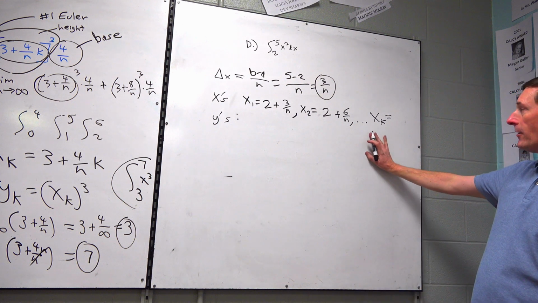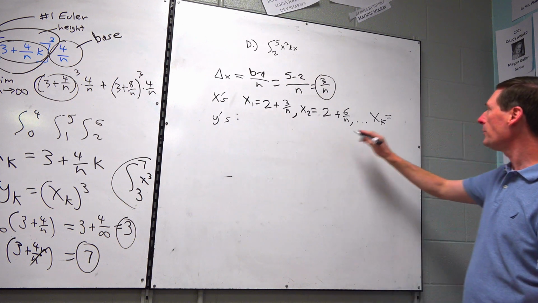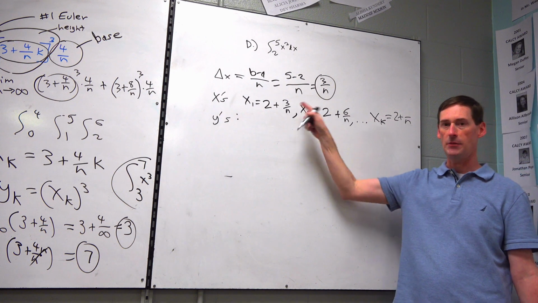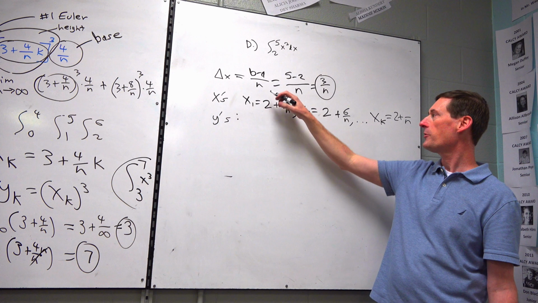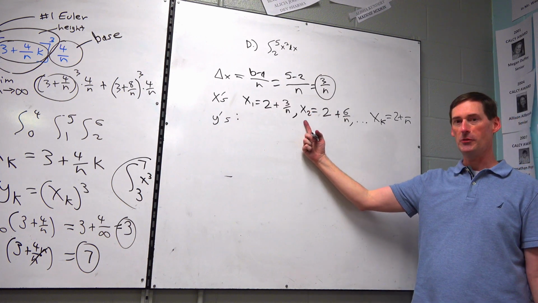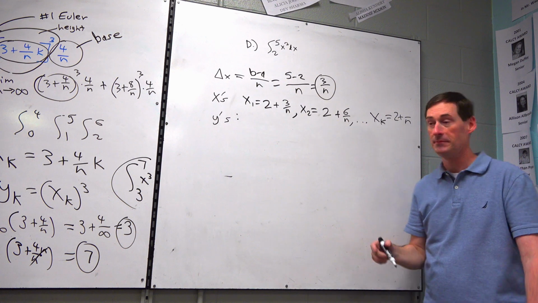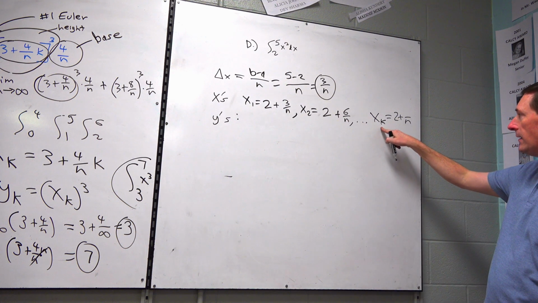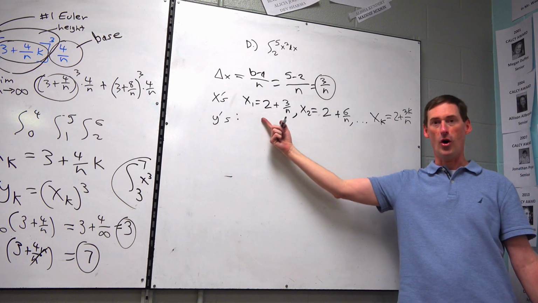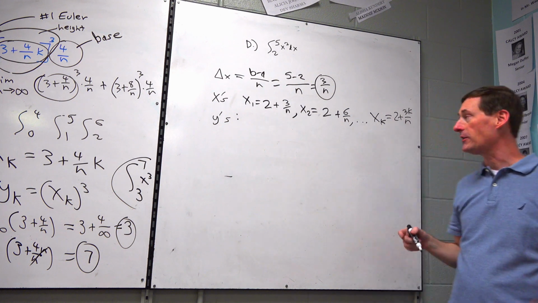So, the pattern is, everybody has a 2 plus, something over n. It's just the something that keeps changing. First term 3, second term 6. Oh, it's just subscript times 3 again. Subscript k times 3 is called 3k. That formula will generate all these and all the infinite possibilities right there.